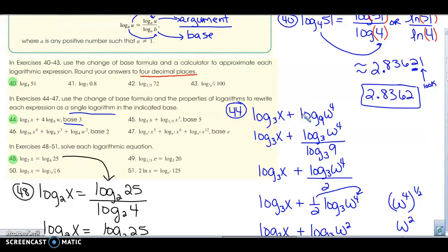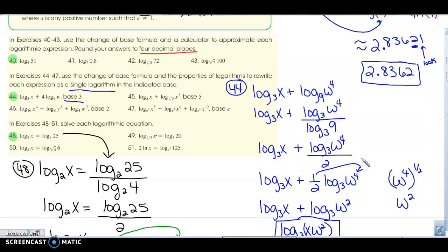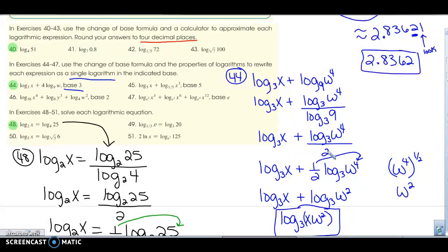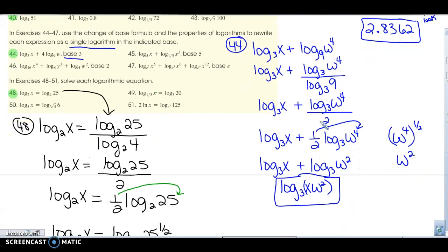Then using the change of base formula, we rewrote this in terms of base 3. So we have log base 3 of the argument, w to the 4th, over log base 3 of the original base 9. Then I realized we could simplify this as just a 2. So that 2 then could be written in front of this as just 1/2, a coefficient of this logarithm.